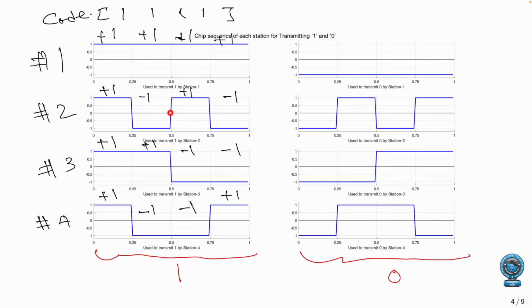And likewise for station 2, it was +1, -1, +1, -1, and this is the negative of this. So it starts with -1, that is, these have all been negated. -1 becomes +1, +1 becomes -1, and so on. They are just the negative versions, and likewise for the others.